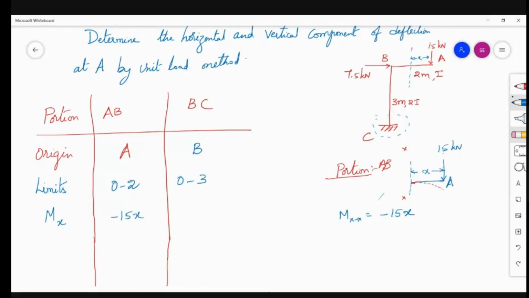Why did you get minus? Because the beam is being subjected to hogging. Hence, this is considered as minus 15 into x.